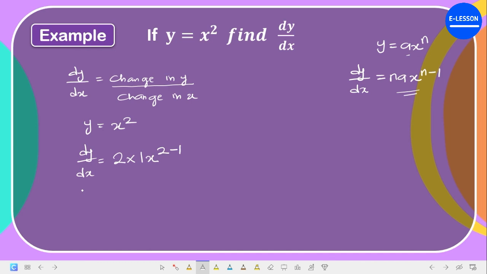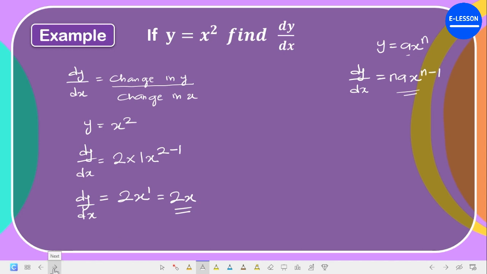This becomes dy/dx is equal to 2 times 1 is 2, then x^(2-1), which is x^1, and 2x^1 is 2x. That is the solution to that question.